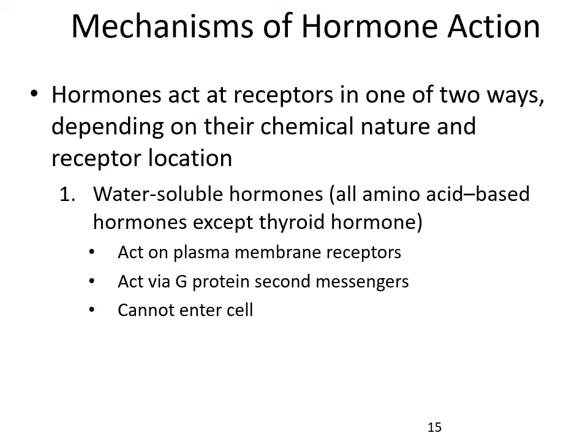They're water-based and the membrane is lipid-soluble. So they have to do something to activate a process inside the cell. They act by way of a G protein second messenger system. They cannot enter the cell because they are water-based, so they have to bind to a receptor on the outside. So those are your amino acid and protein-based hormones, which have a receptor on the cell membrane.